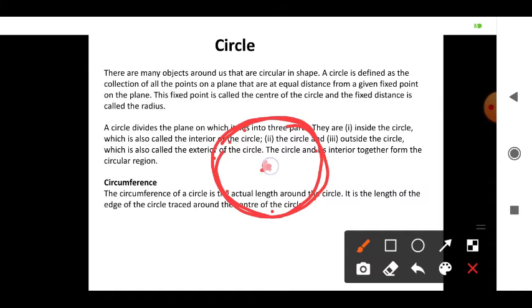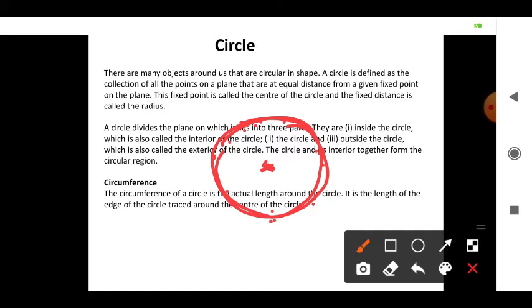From here to the circumference, to this point, to this point, so many points are there upon the circle. So from the fixed point to any point on the circle, if you measure, it will have equal distance. So it is having a fixed distance.